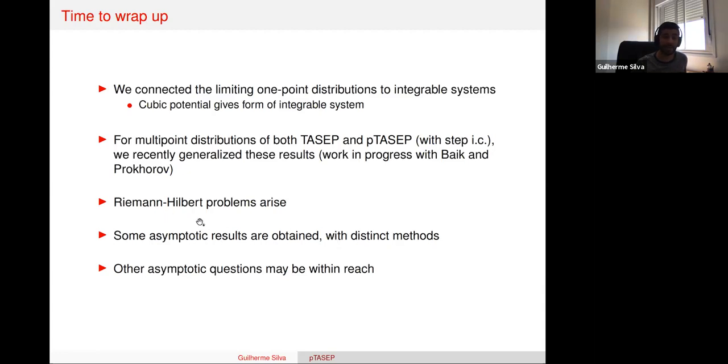We haven't explored much the Riemann-Hilbert problem in terms of asymptotics. For instance, the large negative tail of distributions is known to be much more challenging typically, but the Riemann-Hilbert problem is very suitable for that. We haven't explored that yet, but certainly it's one of the things on top of our to-do list. And we believe that's now within reach using Riemann-Hilbert methods.